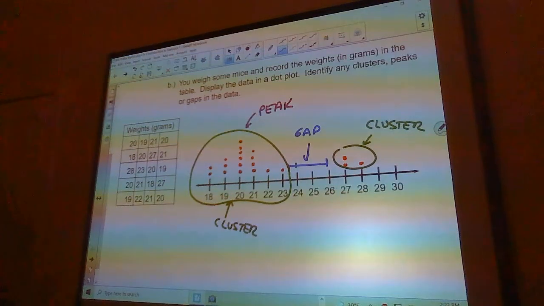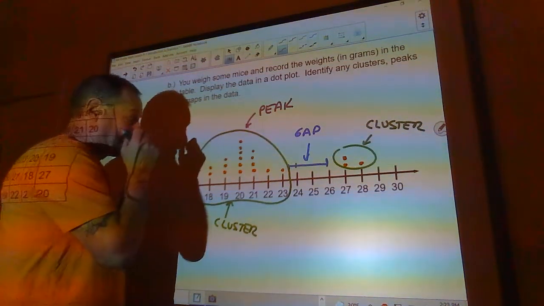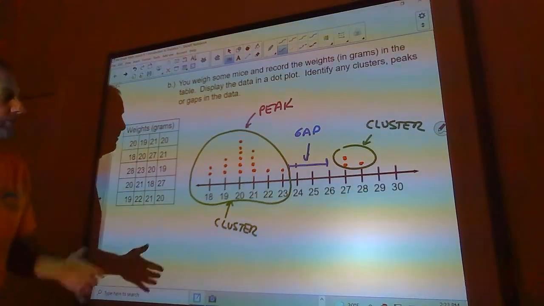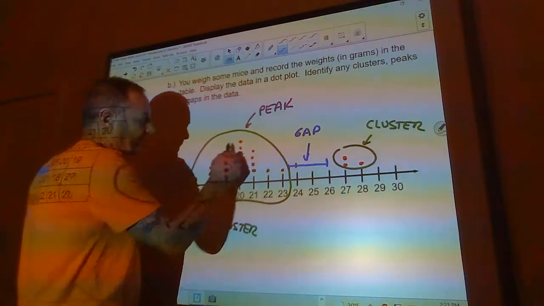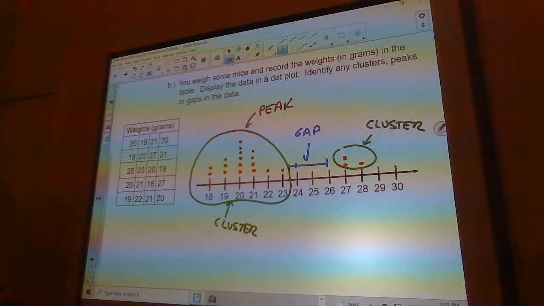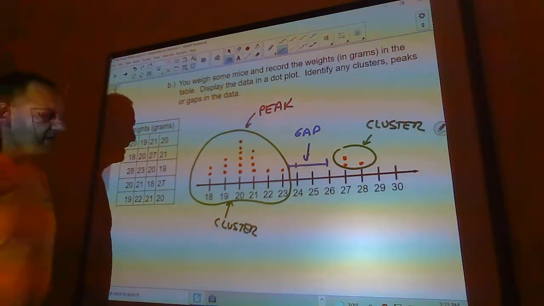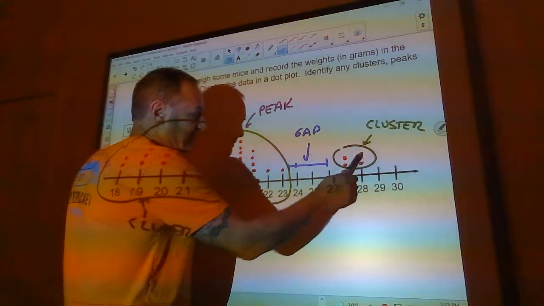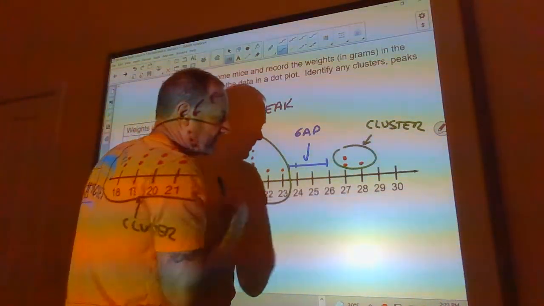All right, so there you go. So if I would look at this, this helps me kind of analyze my data and say, well, most mice are going to be right in around 19 to 21 grams. And you're going to have, I've got some fat mice over here.